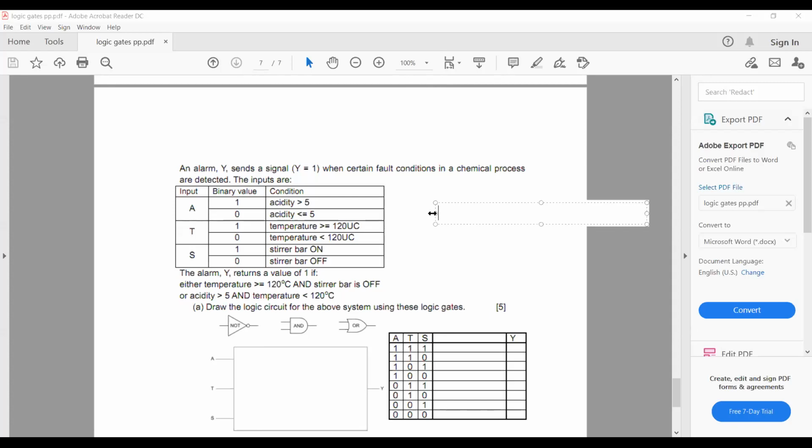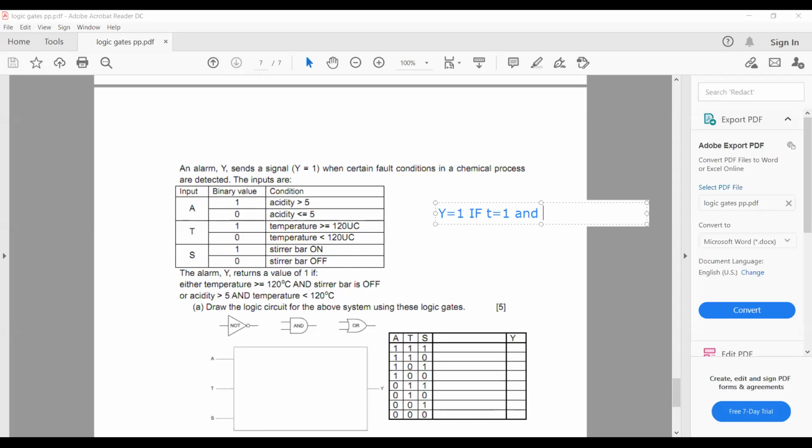We'll build up the expression. Y equals 1, that is, the alarm Y returns value 1, if either temperature T is greater than or equal to 120, so T greater than or equal to 120 means T equals 1, and the start bar is off.